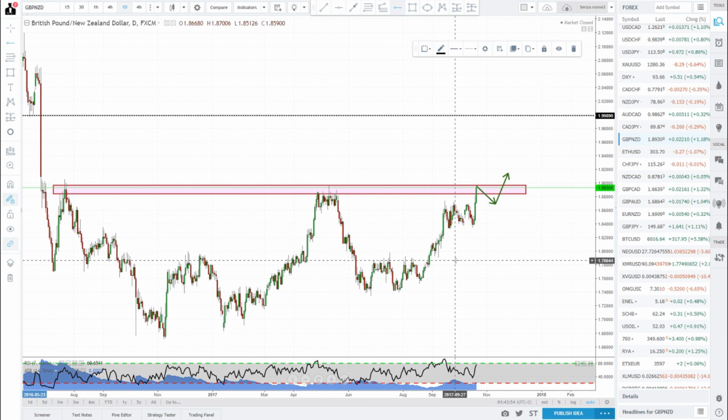And if you have backtested those strategies, you have to trade those formations, because you proved to yourself that those formations were valuable, were giving you money in the past. So Pound New Zealand, short bias until it breaks, let's say 1.90. If it goes above 1.90, a daily candle, I want to consider long. Till then it is short.